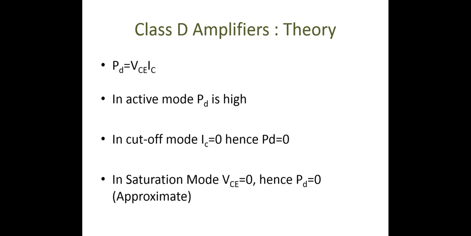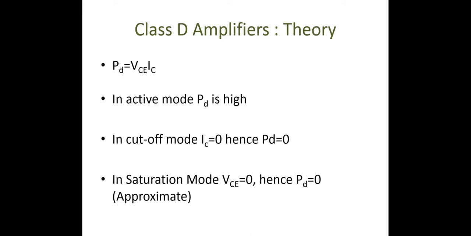So now some basic theory of the class D amplifiers. We know that power dissipation is equal to the product of VCE and the collector current IC. So in active mode we have a high power dissipation due to significantly high VCE.